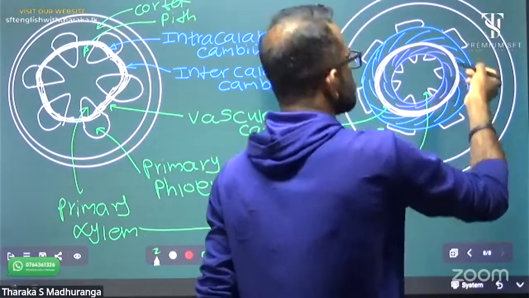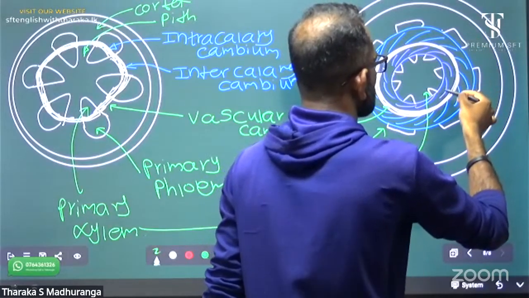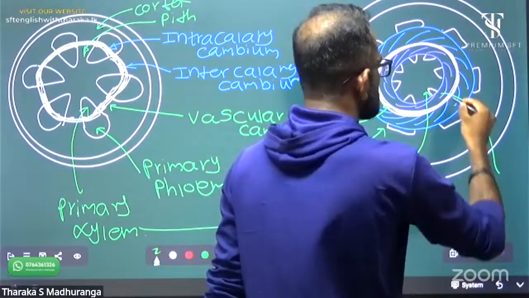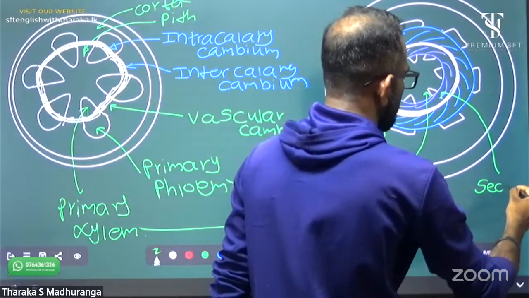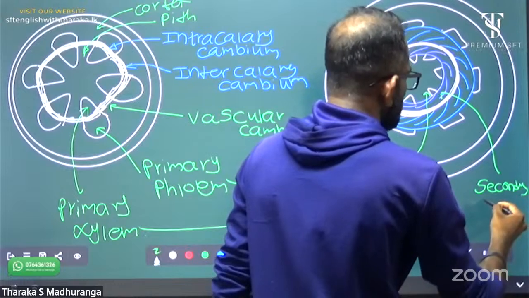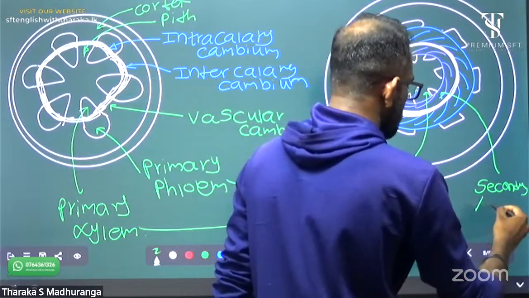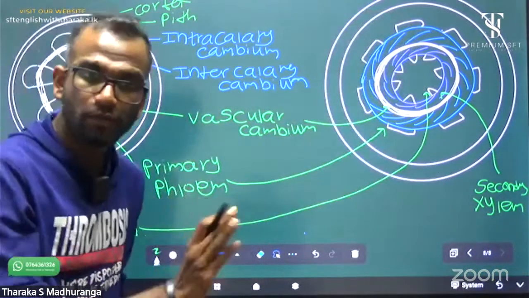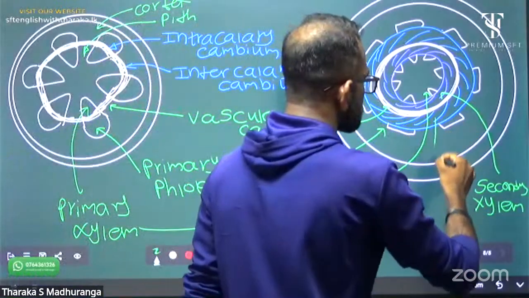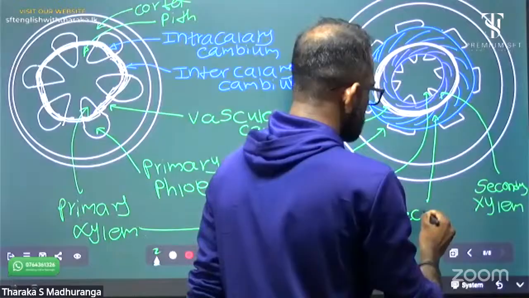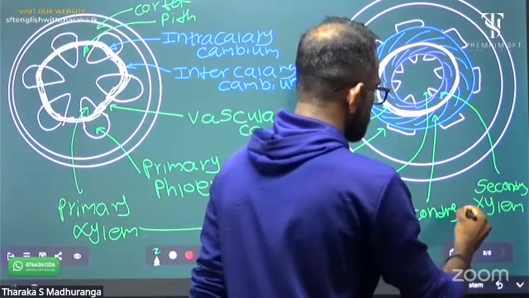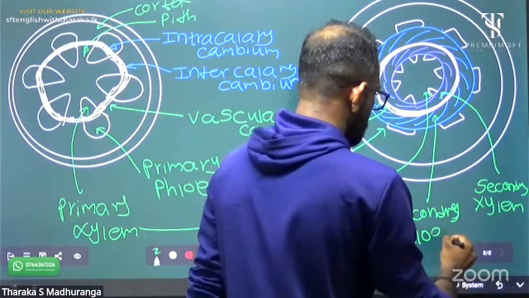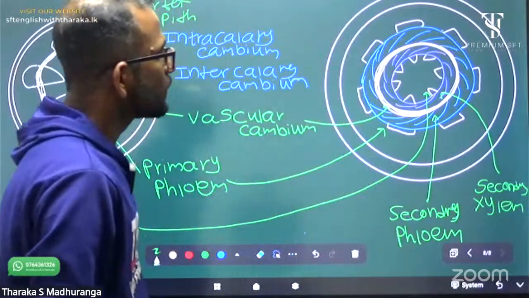And inside of this vascular bundle, secondary xylem. Very important, right? Secondary xylem, inside. The outside, secondary phloem. Okay, that's the story.